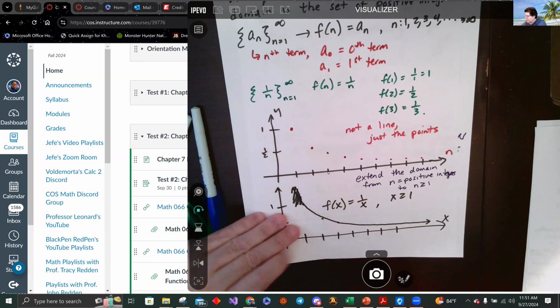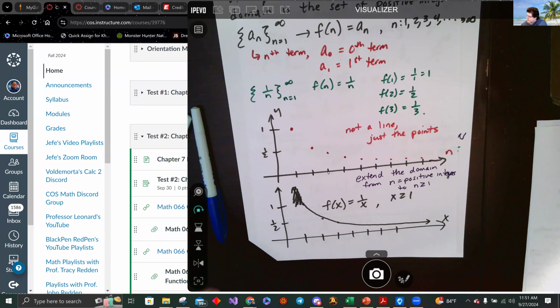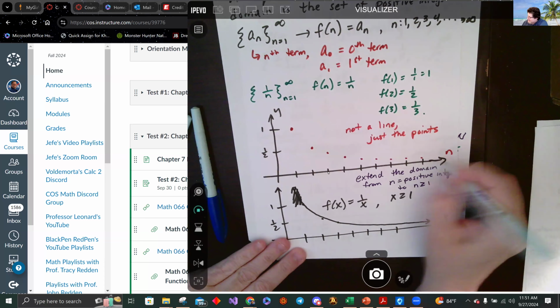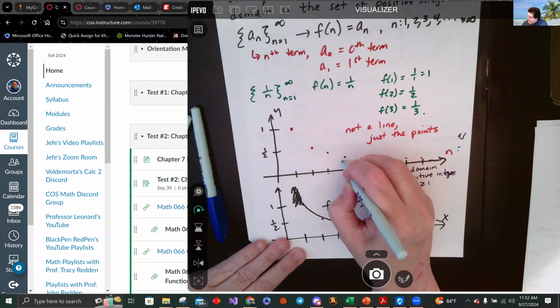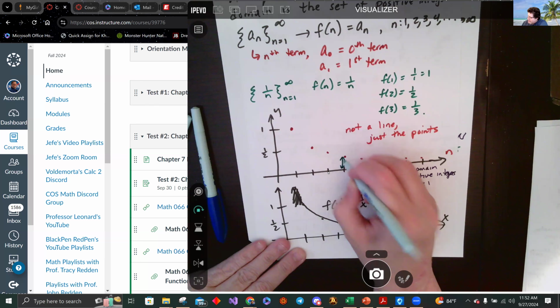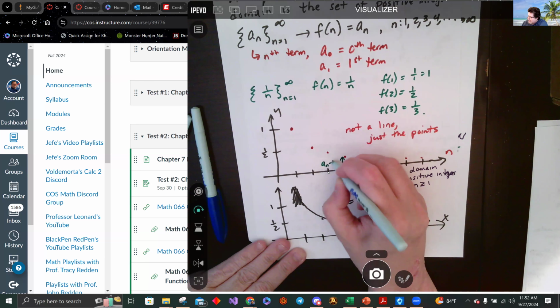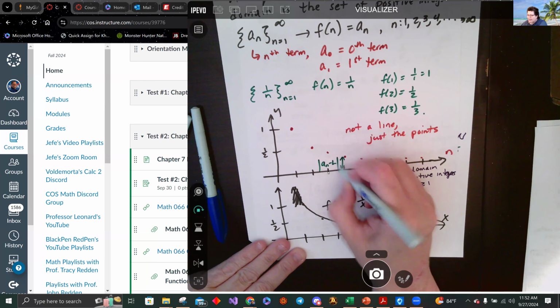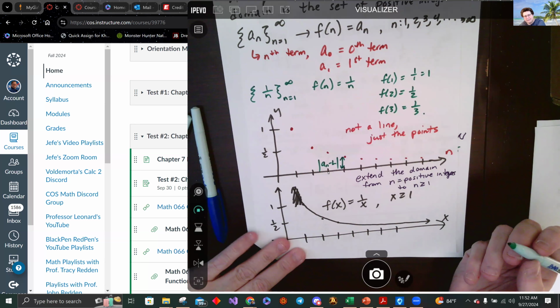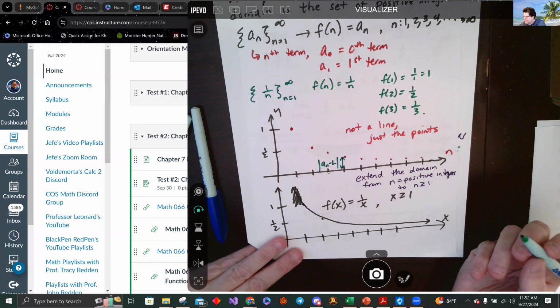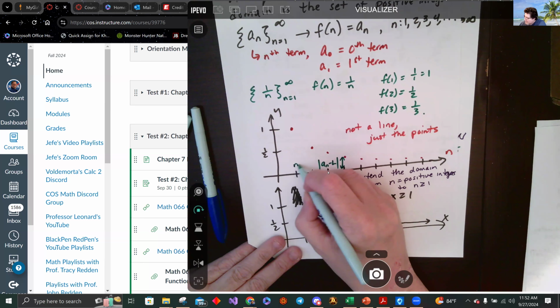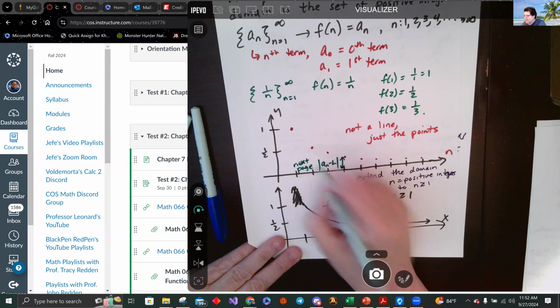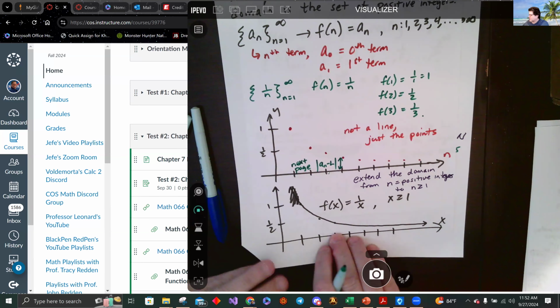Going back to this one, our limit is 0, which is the axis. So this distance right here is a sub n minus L. And if I put in absolute values, it doesn't change it. That's what's really going on there. And this is from next page. When I scan it, it's not going to make sense seeing the a sub n minus L there. But that's what's going on.